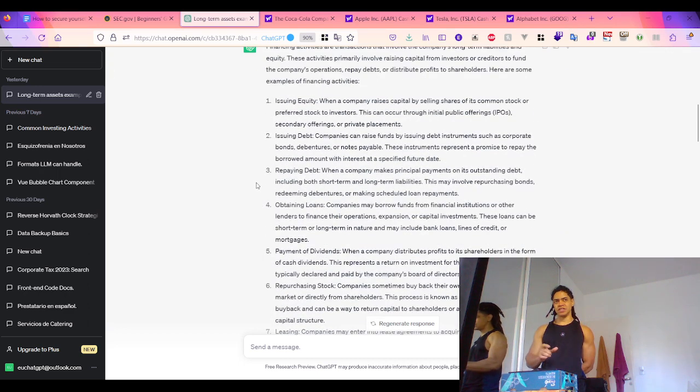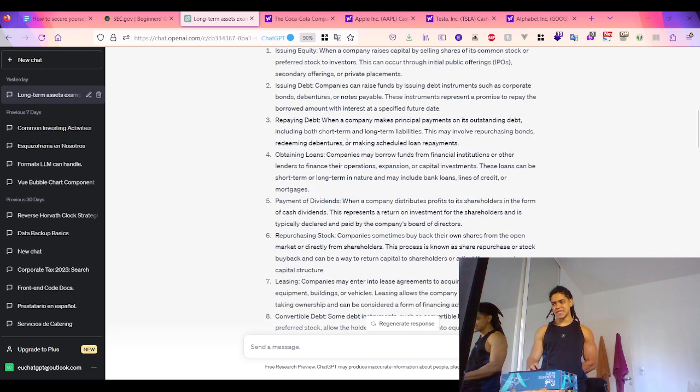Instead of issuing equity or part of the ownership, now you issue a promise to repay the borrowed amount with interest at a specified future date. And repaying debt, so when a company makes principal payments on its outstanding debt.